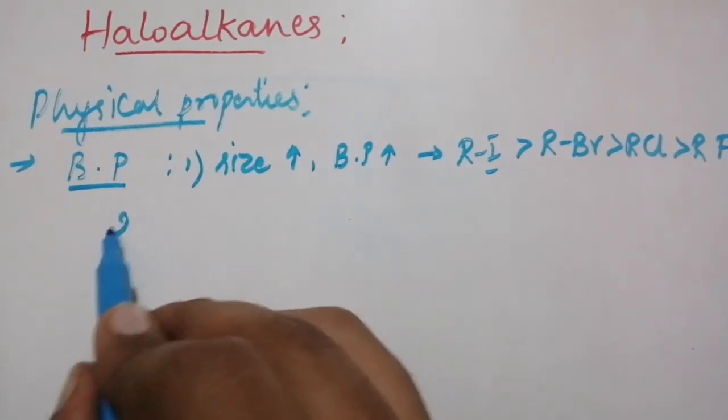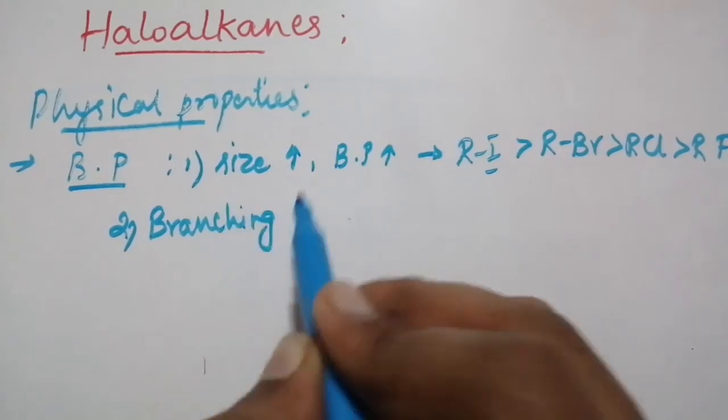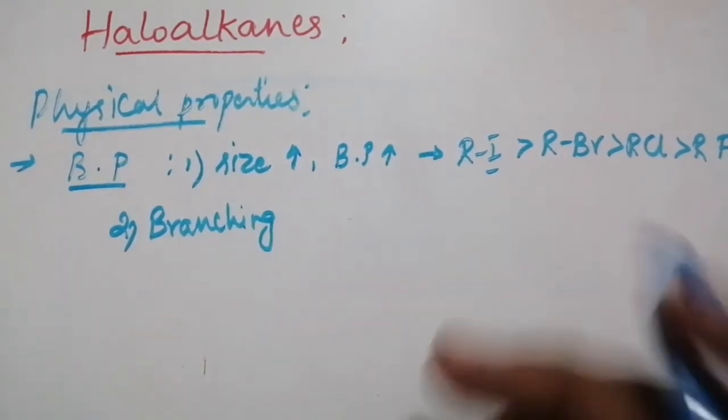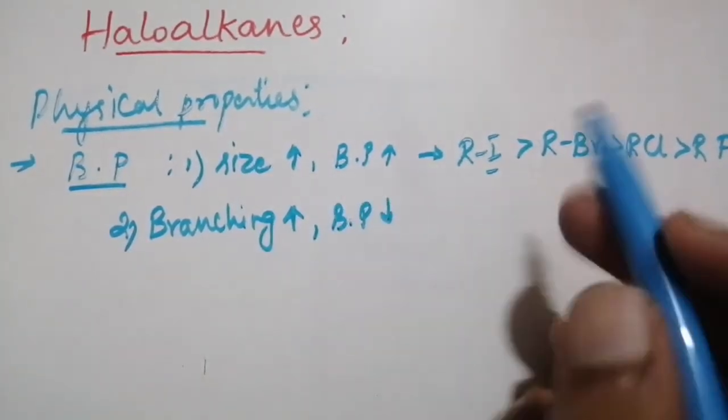The next is branching. If the hydrocarbon branching is more, then the boiling point will be less.